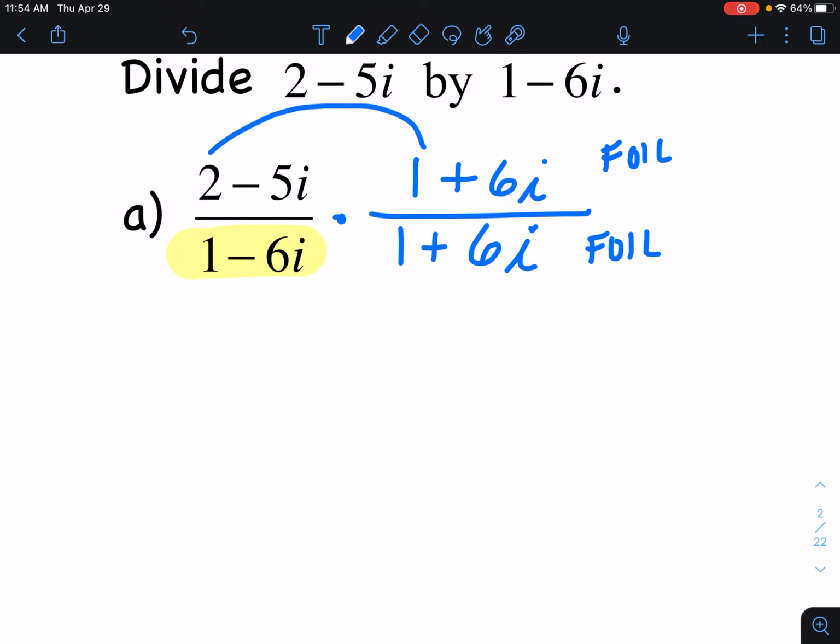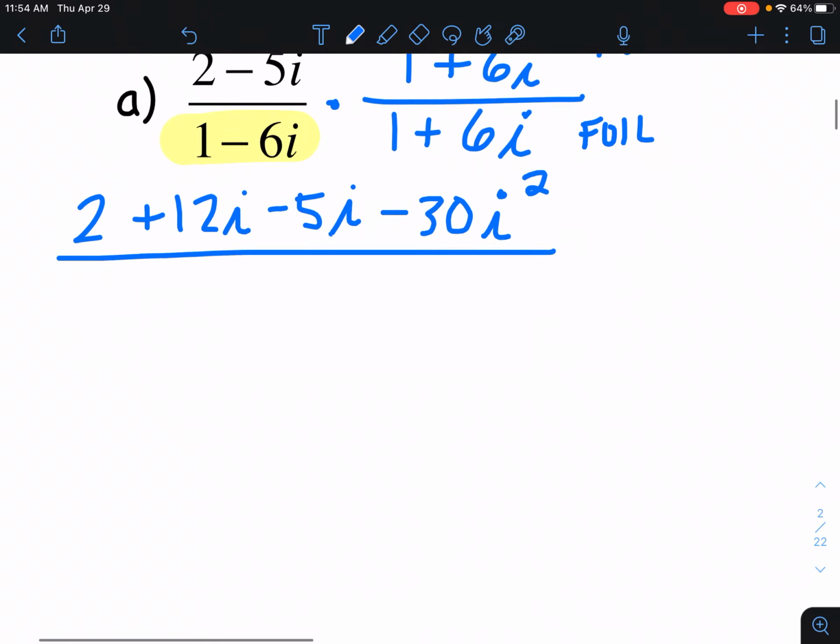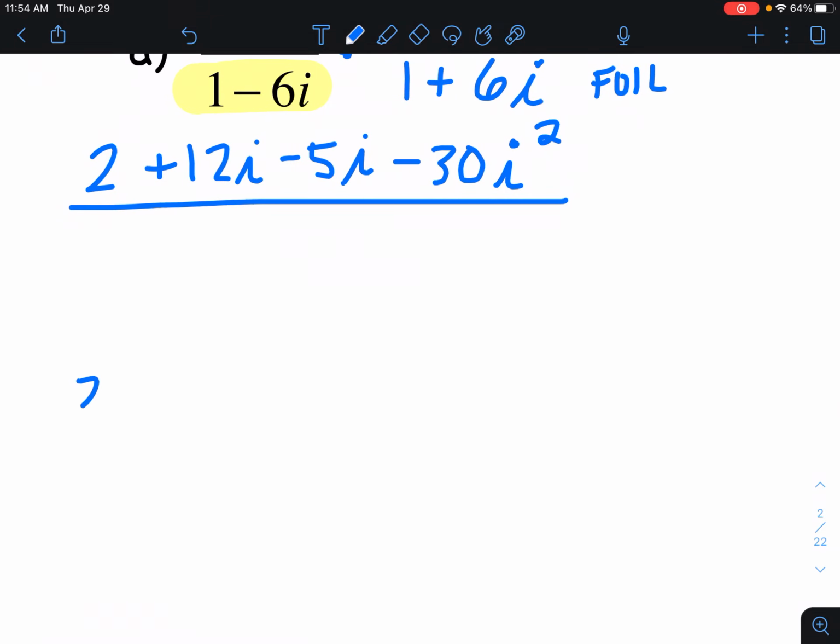First times first, outsides, inside, and last. Now I'm going to keep simplifying. Plus 12i minus 5i is 7i, so plus 7i.